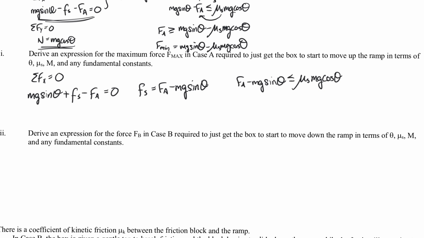And now I'm going to solve for the applied force. This looks like a maximum now, right? I need to keep the force from the fan less than this amount. And the greatest it can be is when it's equal, so max is when this becomes an equal sign.